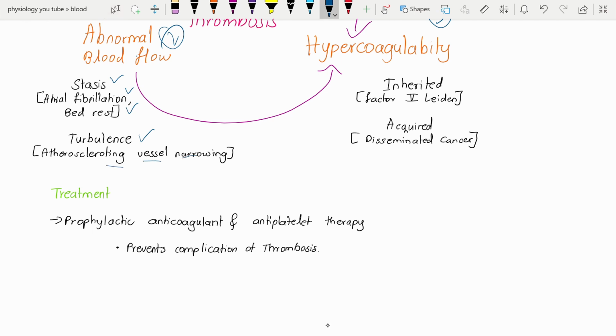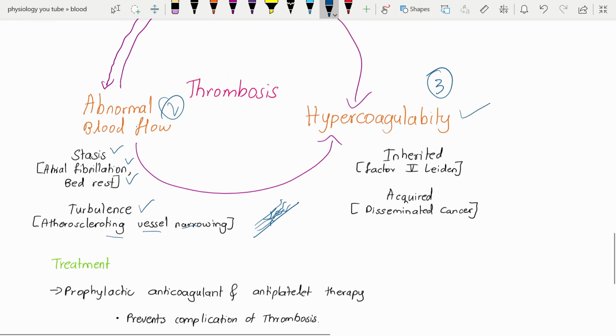Whenever there is vessel narrowing, for example atherosclerotic plaque, that leads to abnormal blood flow causing turbulence. And hypercoagulability may be inherited, such as factor V Leiden, or acquired, such as due to disseminated cancer.